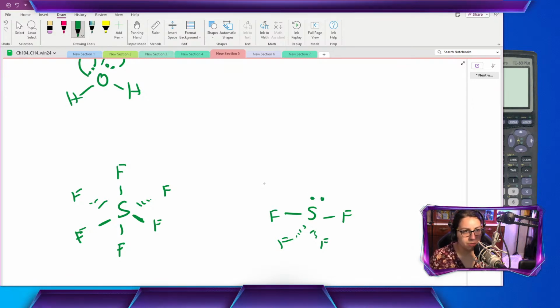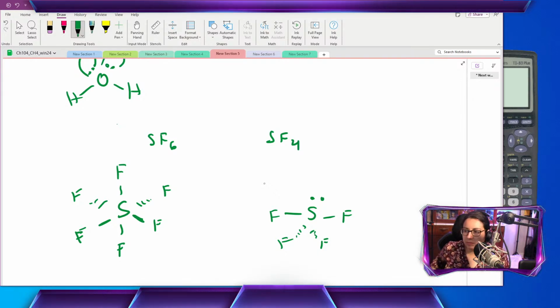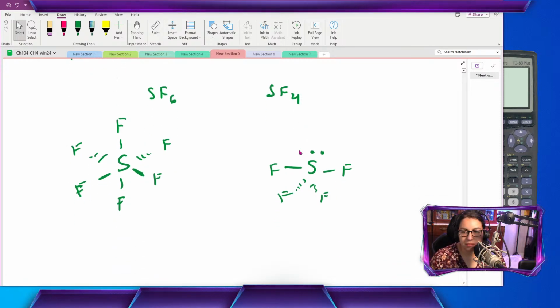I'll draw it out for you. What do we think about those two structures? Polar, nonpolar, what are we thinking?